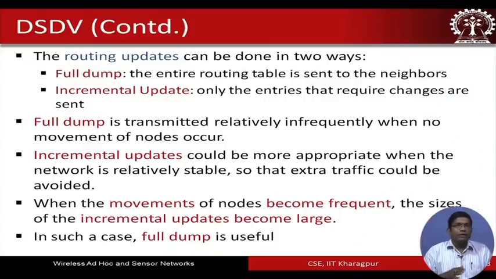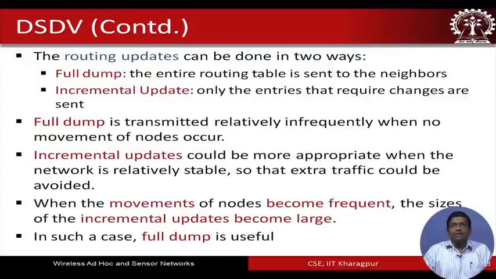The other possibility is called the incremental dump, or incremental update. In an incremental update, only the part which has changed is propagated to the neighbors, so only the entries that require changes are sent.